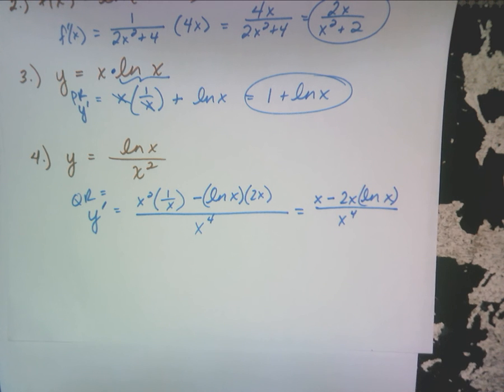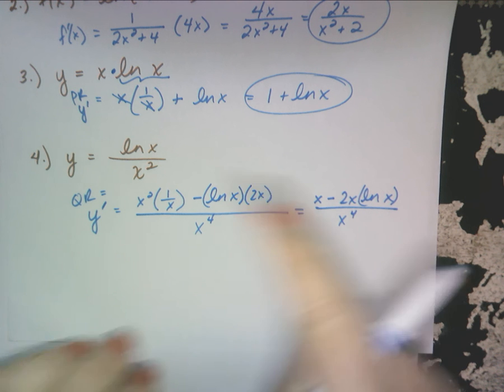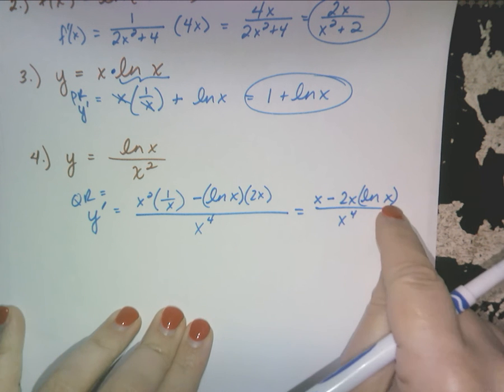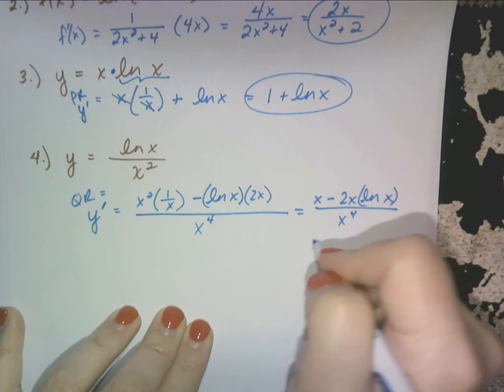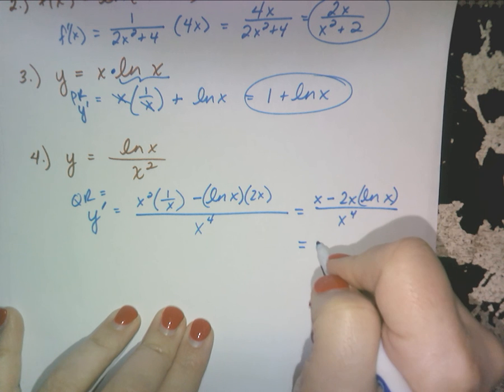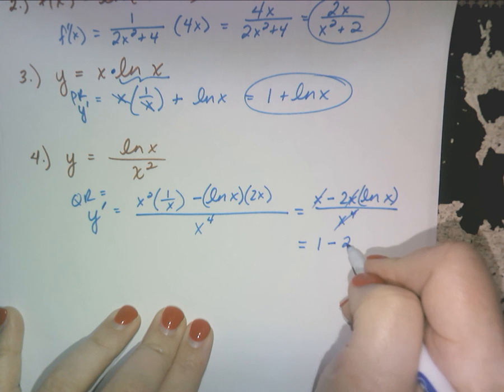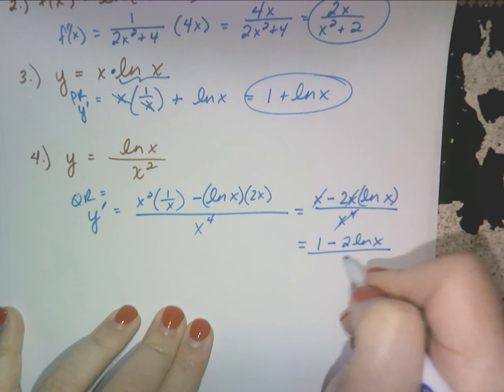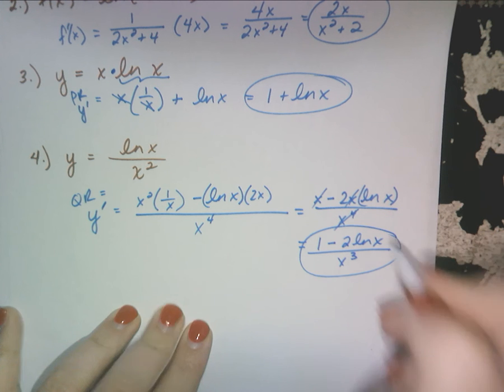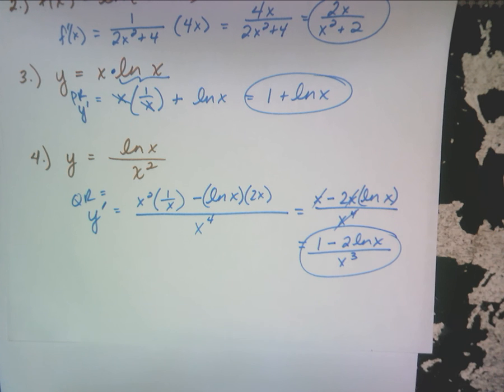You can't touch anything after the word cosine or sine. You can't touch anything after the word ln x. So I can reduce all these x's. So my final answer would be 1 minus 2 ln x all over x cubed. I just reduced an x. Don't touch that x, though.